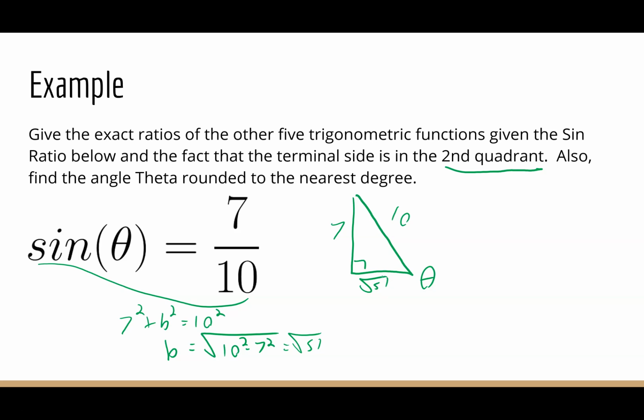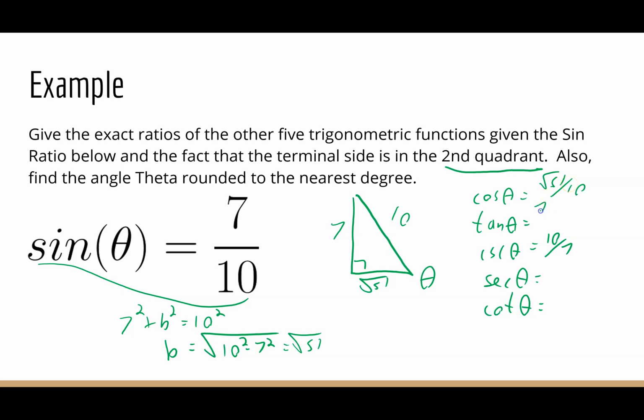So now that I have that, I can find my cosine theta, tangent theta, cosecant theta, which is 10/7, just flipped over what was given, secant theta, and cotangent theta. So of this triangle, cosine is square root of 51 over 10.